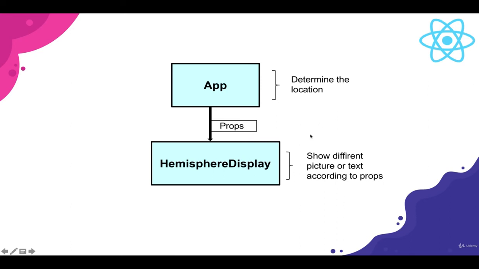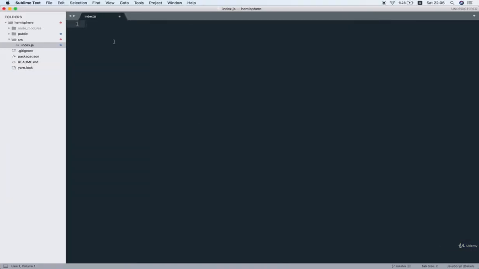And then it's going to pass the location as props down to a second component that we'll call HemisphereDisplay. So this component is going to be in charge of showing some actual picture and some text on the screen to tell the user that you are in the northern hemisphere or you are in the southern hemisphere. All right, so now let's flip back over to the code editor.